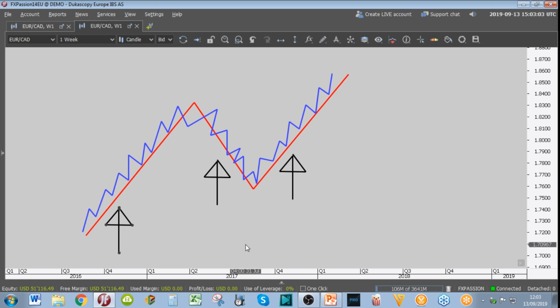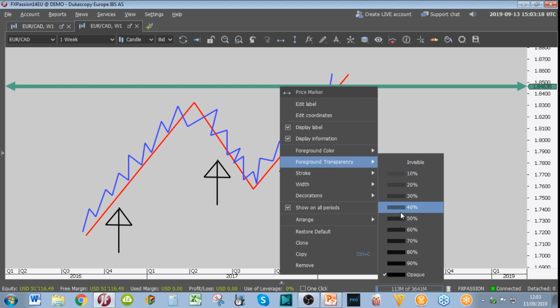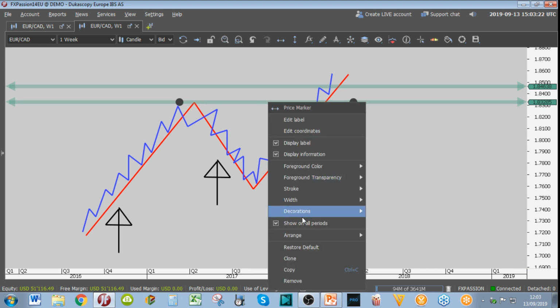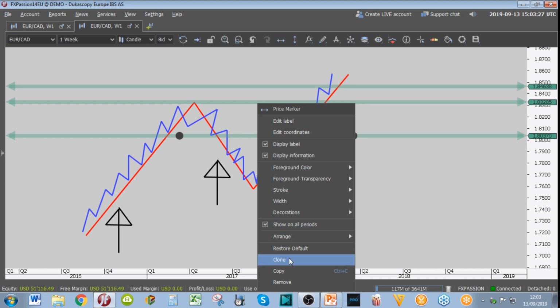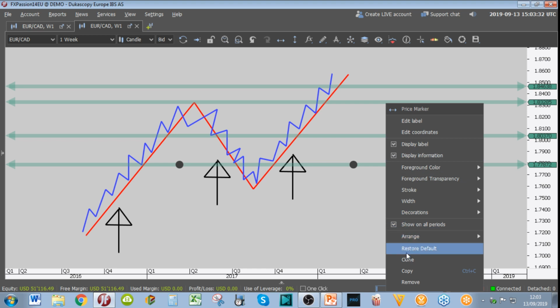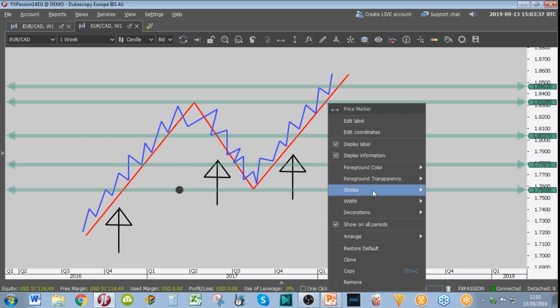Now, how are you going to trade when inside each and every extension you are going to have pivot points? Just an example, pivot point in here, pivot point in here, pivot point in here. Now this is going to be support, past support.